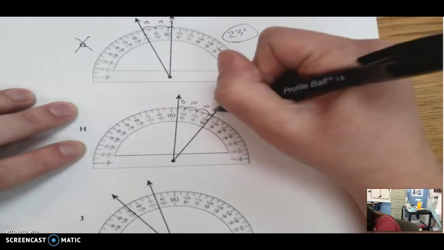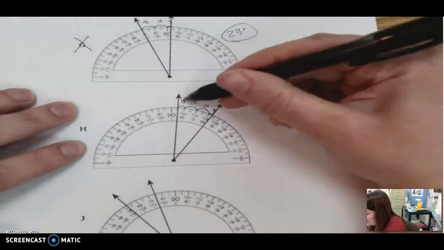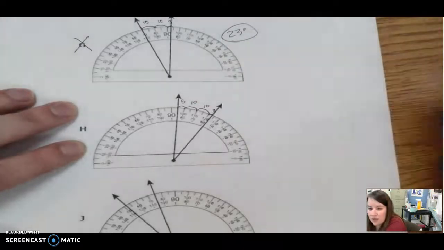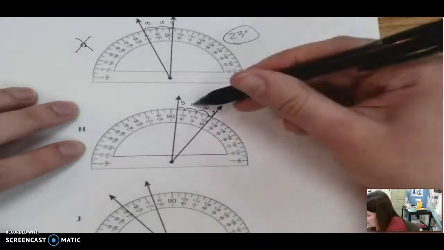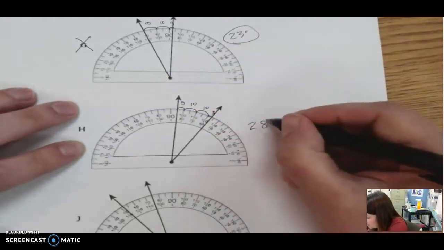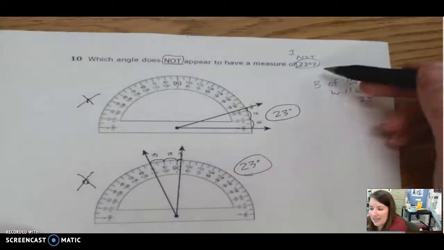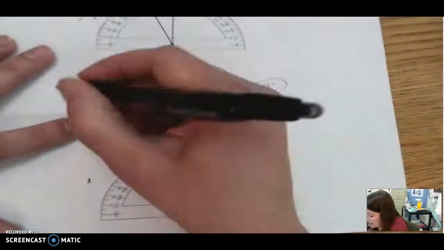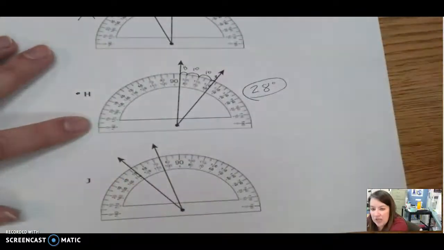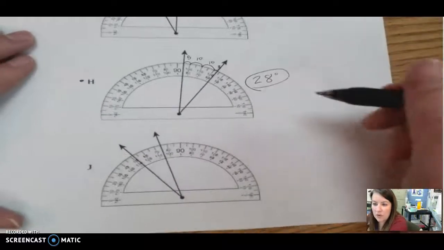And this looks to be about 3. So this one I have 10, 10, 5, and 3. So H right here, 10, 20, 25, 26, 27, 28. This one looks to be about 28 degrees. Now remember, I'm looking for one that's not 23, so it's probably going to be this one. But let's check the 4th one just in case, because this one to me looks to be 28.